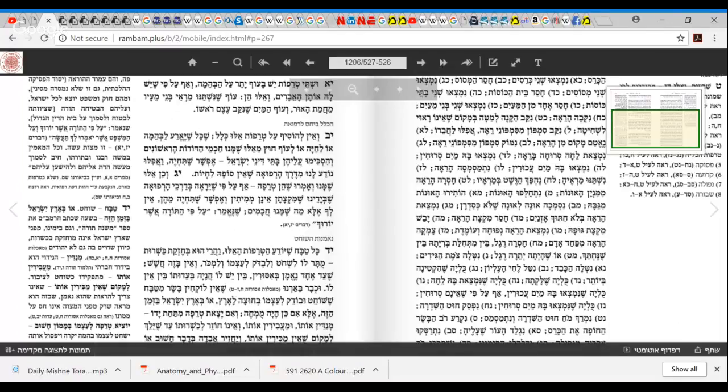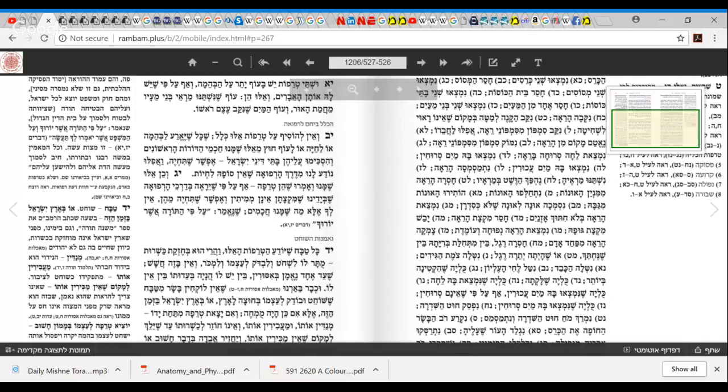We may not add to this list of terefot at all, because for anything that occurs to the domesticated animal or to the undomesticated animal or to the bird, other than these 70, which were enumerated by the sages of our earliest generations, and which the courts of Israel have agreed upon, it's possible that the animal may live.